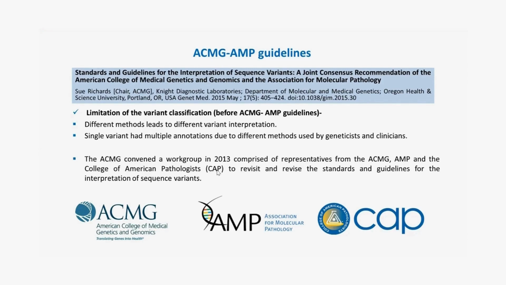The main goal of the ACMG-AMP guidelines was to provide a consistent standard way, a framework, to determine the pathogenic variant within a gene that has a role in a Mendelian disorder. So this is the paper. This is the research paper by Richards et al., which described the ACMG criteria in detail.